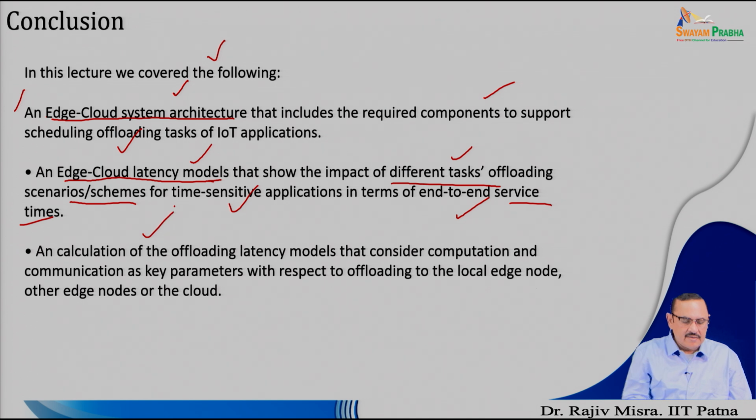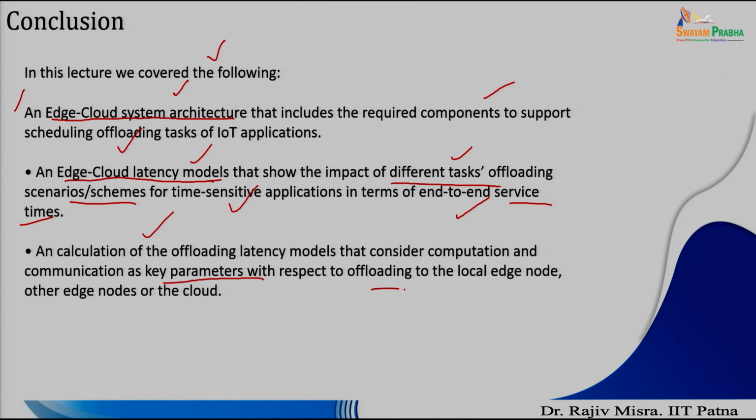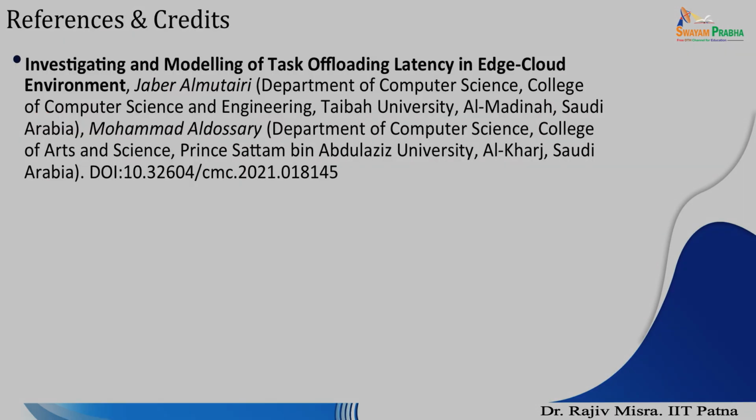Finally, the calculation of offloading latency models that consider the computation and the communication delays as the key parameters with respect to offloading to the local edge, the other edge, or the cloud. So, all three different aspects in realizing the edge computing framework we have covered in this lecture.